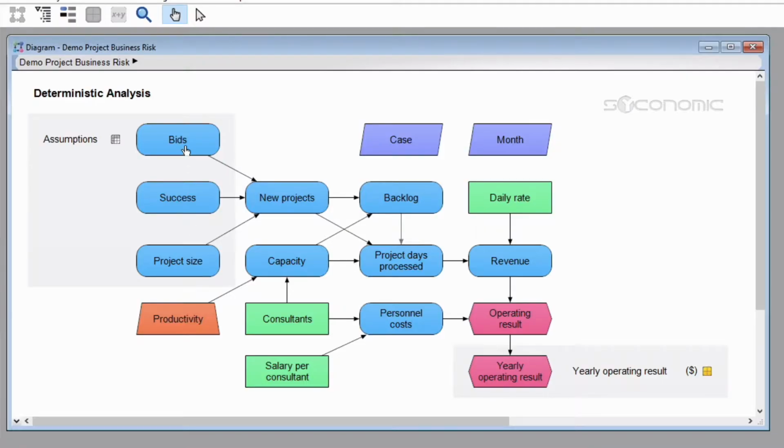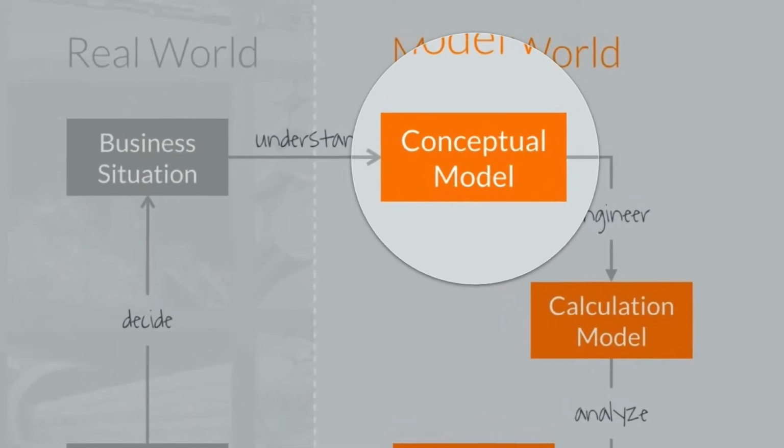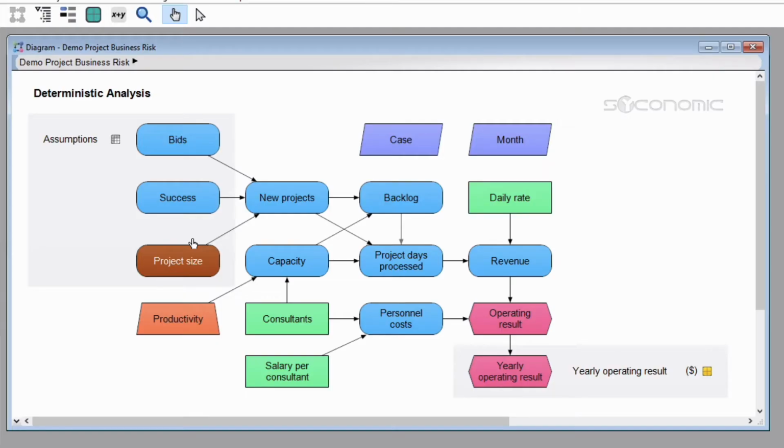What I've shown you here is an influence diagram of the business logic. This is what I meant by the conceptual model before. With this kind of model representation, you can easily understand how the business is supposed to work, even without knowing any number. Isn't that cool?